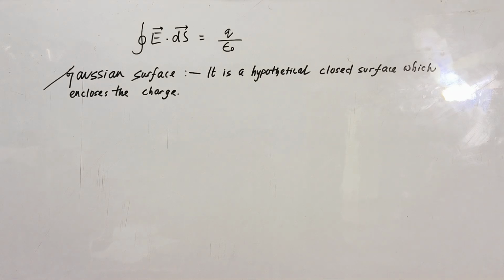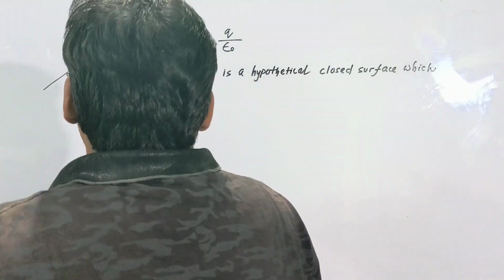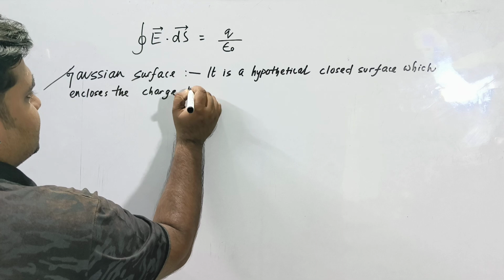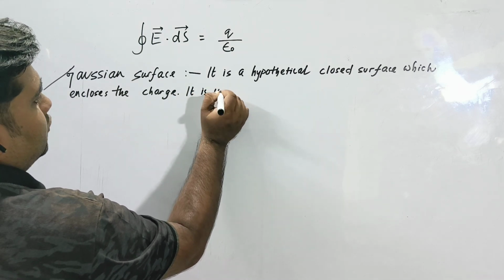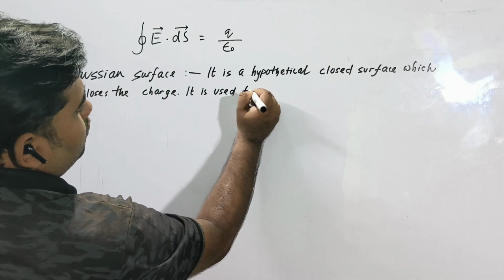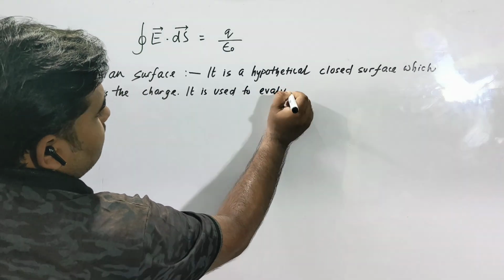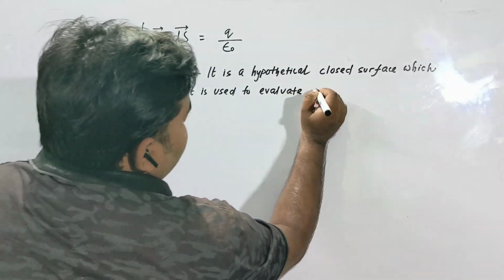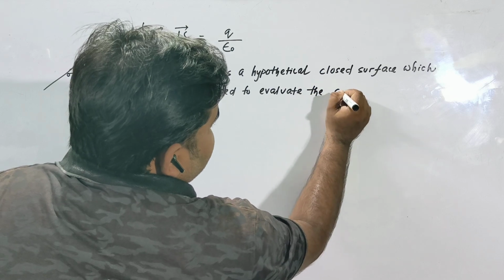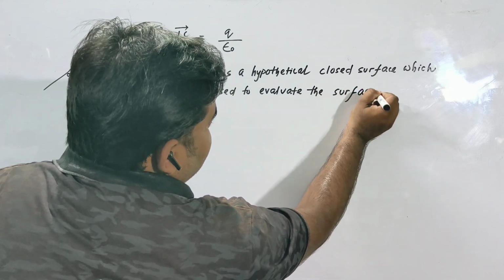So it depends upon you to choose that Gaussian surface. You can choose it. So why do you choose it? It is used to evaluate the surface integral.